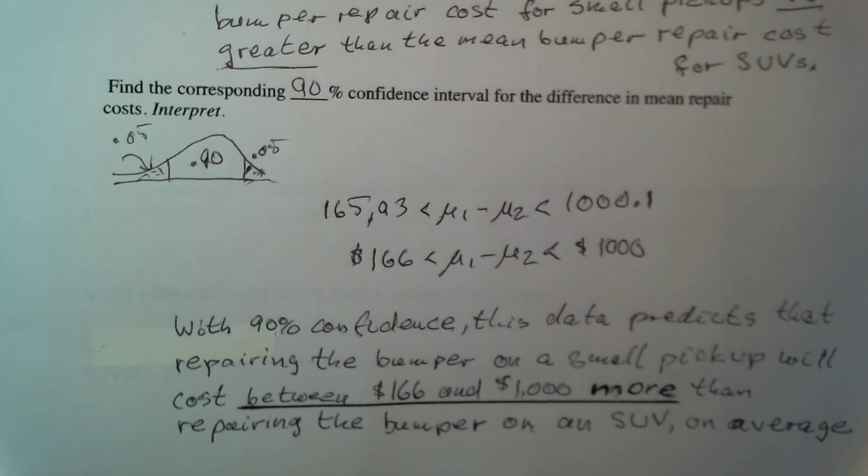So here it is for you in writing, with 90% confidence, this data predicts that repairing the bumper on a small pickup will cost between $166 and $1,000 more than repairing the bumper on an SUV on average. And this concludes section 9.3.